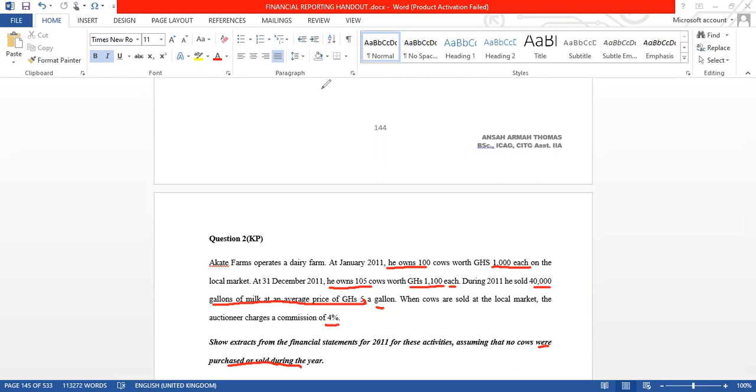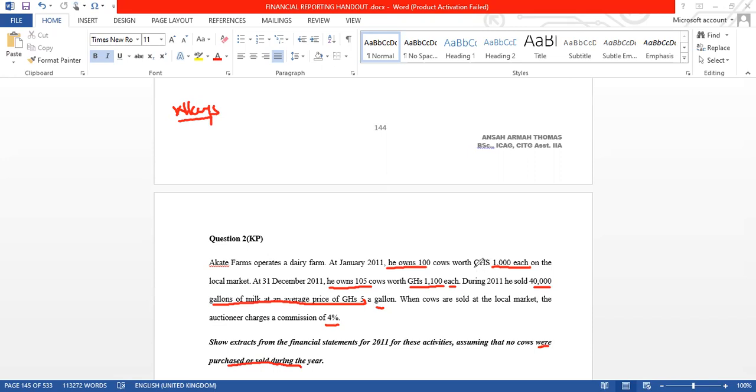So what we are going to go through here is let's do some workings. Okay. So let's try and value the assets during this period.